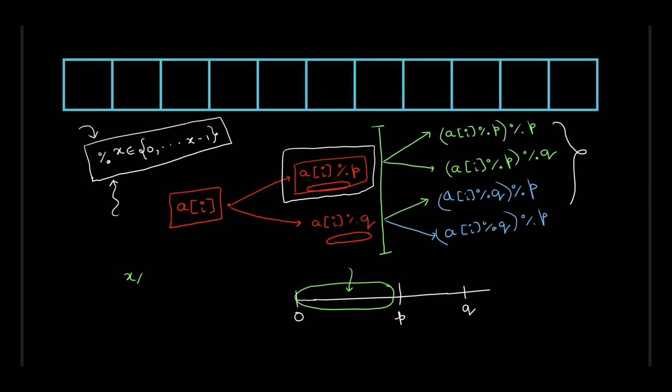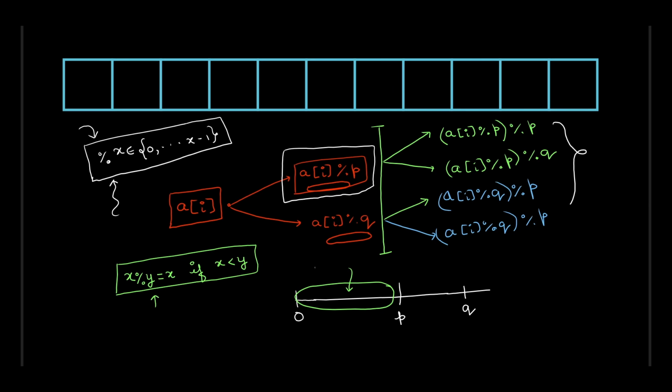The second learning is that X modulo Y is equal to X if X is strictly less than Y. So modulo operations are a no-op if the number that you are taking the modulo with is bigger.